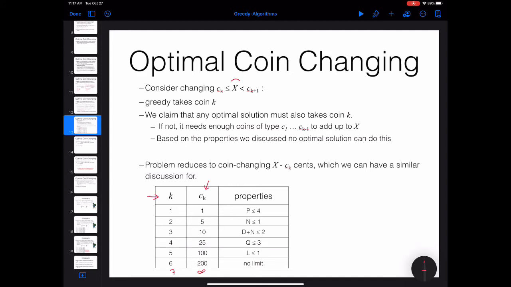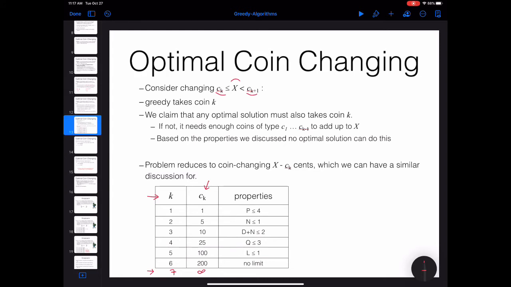So every amount that you are going to change is going to be between 2 of these coins that I have, and you can see that by adding one more row at the end, I am going to cover all the cases.